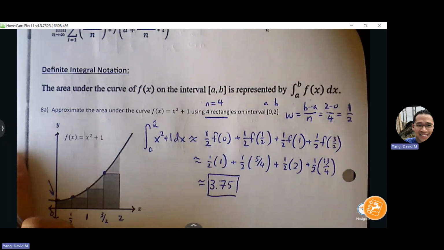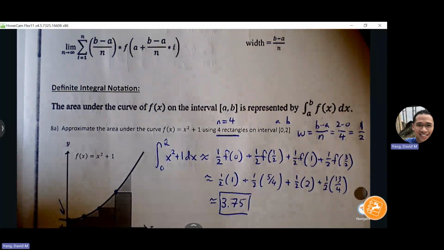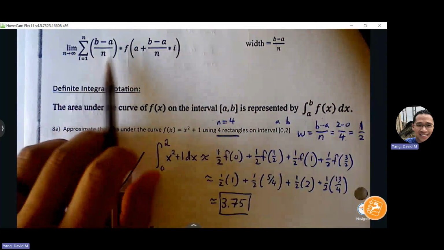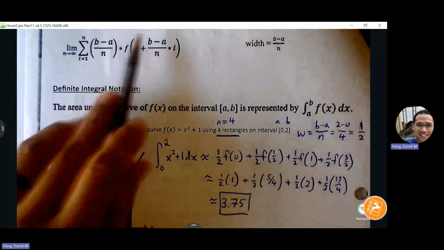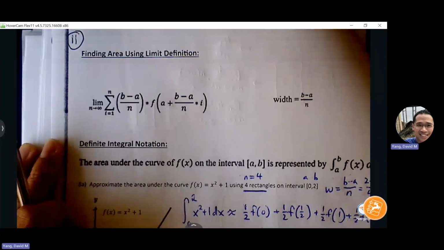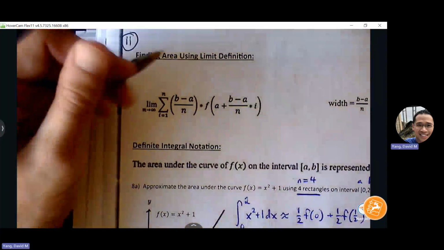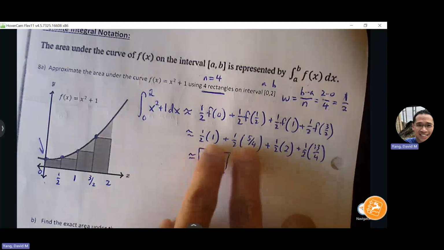Now, here's the structure that we're going to use that will help us get to infinite numbers of rectangles and finding the exact area. This is finding area using limit definition. Notice that every rectangle that we built had a width and a height component, right?